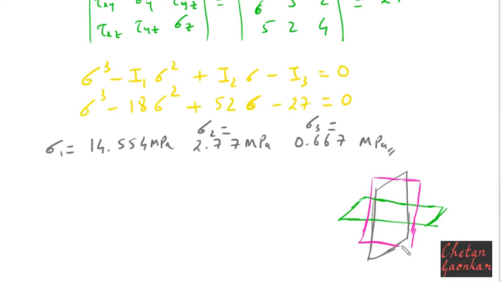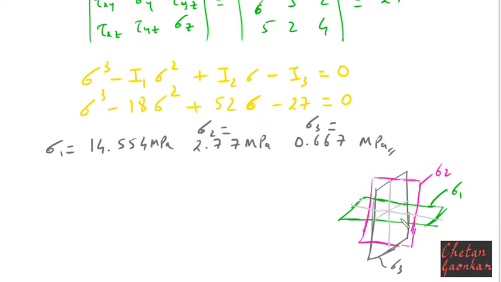All three will be mutually perpendicular to each other. So these are our three principal planes. Let us say this is the plane for sigma 1, then the second plane for sigma 2 may be this, and the third plane for sigma 3 may be this.